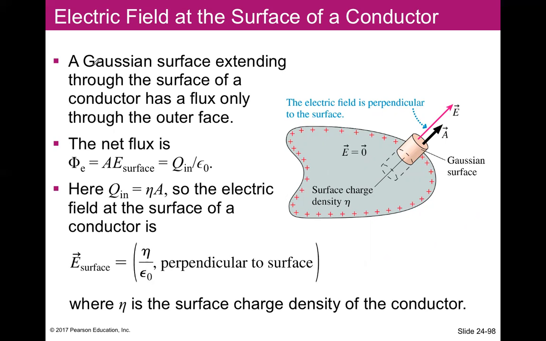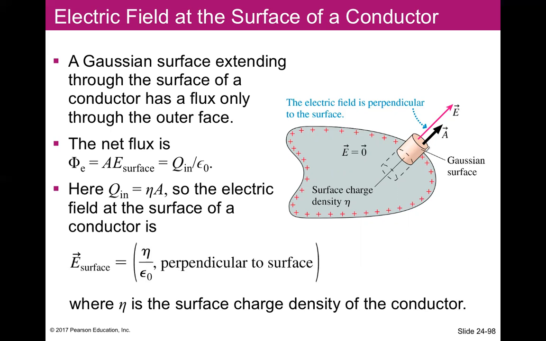First, let's calculate it. Here, if we have a conductor shown in this way, and we want to calculate the electric field outside the conductor at this position, then what we can do is a Gaussian surface extending through the surface of the conductor, which has flux only through the outer surface.